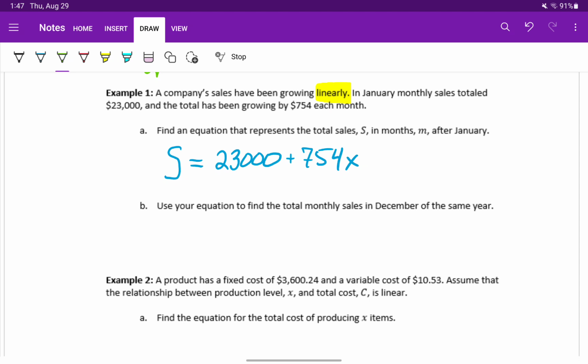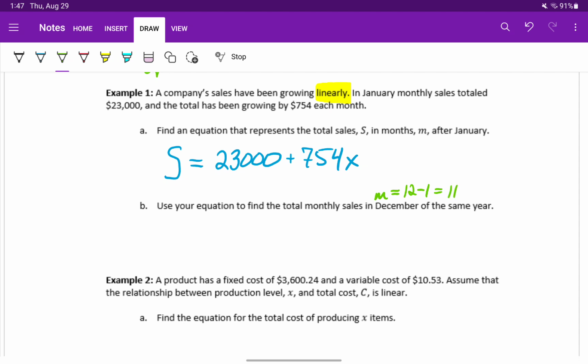We need to think a little bit critically here. So what we're going to do is plug in a value for M. December is the 12th month of the year, but it's not a value of 12 because January was our zero month. So what we need to do is take 12 minus 1 to get 11.